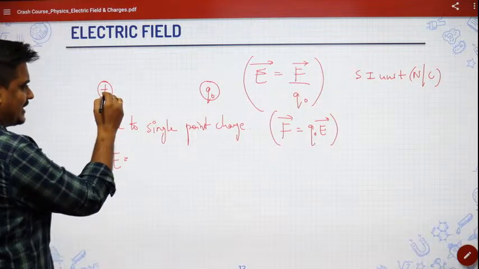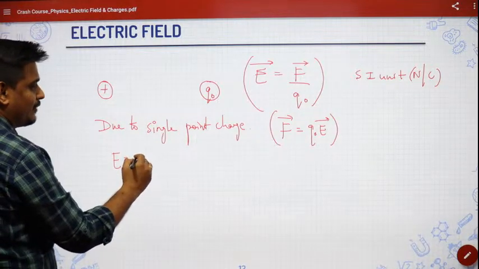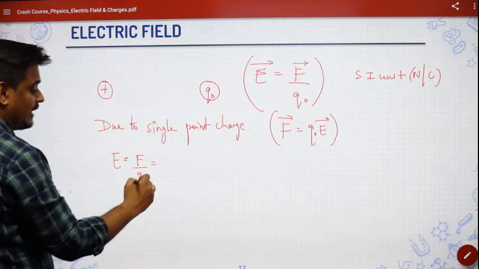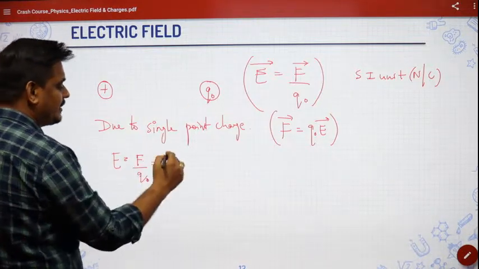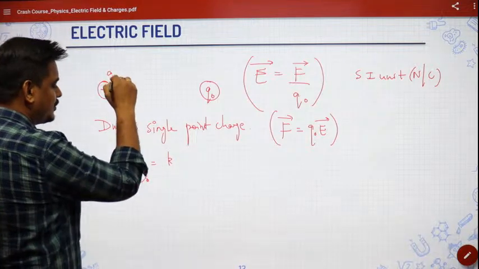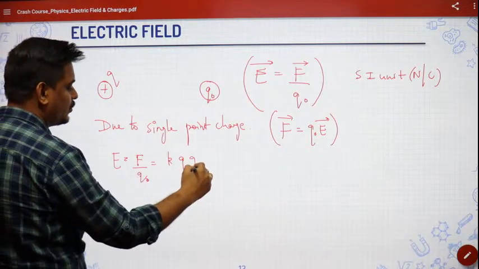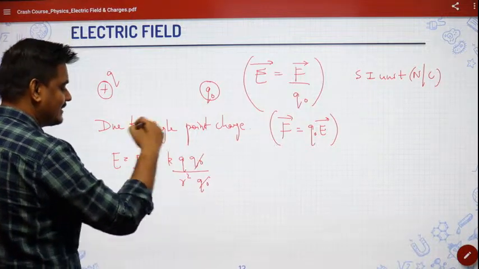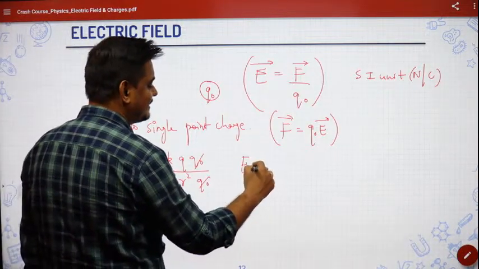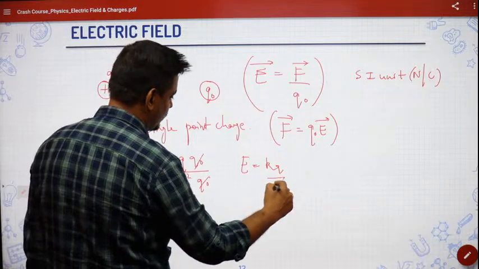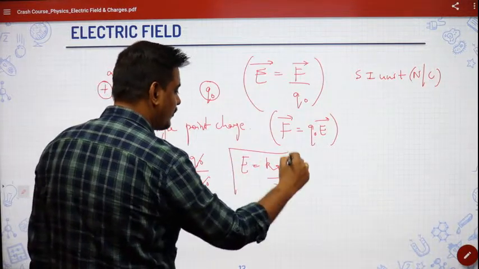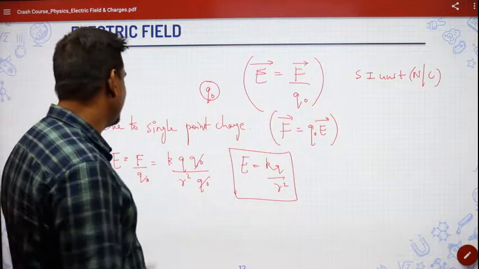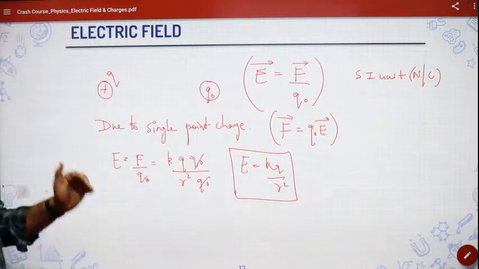So if you have a single charge Q and you bring another charge q naught, the magnitude of E is F by q naught. And F for these two charges will be k Q q naught by r square. Already q naught is there in the denominator, so these two get cancelled, and you get electric field as kQ by r square. So this is the formula for electric field for a single point charge: E is equal to kQ by r square.